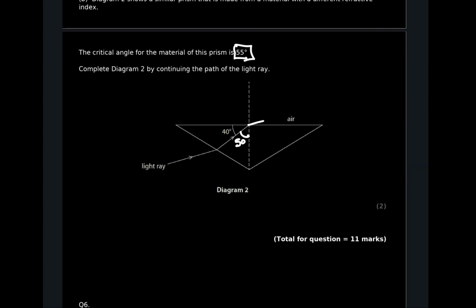And the angle of incidence in the dense medium is 50. You can see the angle of incidence is less than the critical angle. So it means in this kind of scenario, total internal reflection will not take place. What will occur is refraction at that particular point, and that is the refracted ray, and R is the angle of refraction. So basically that's what you are supposed to draw to complete the ray.